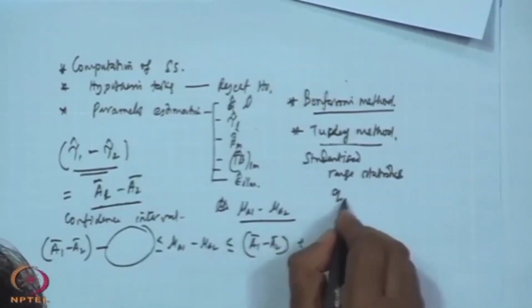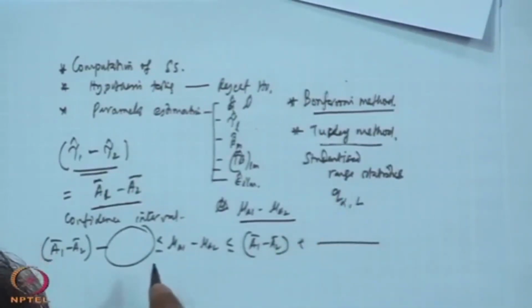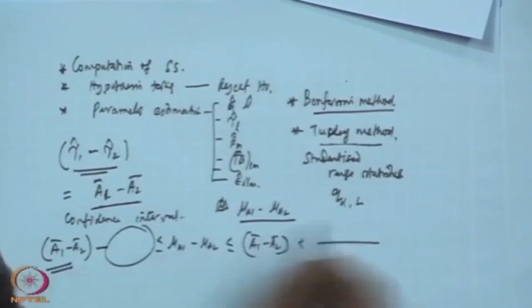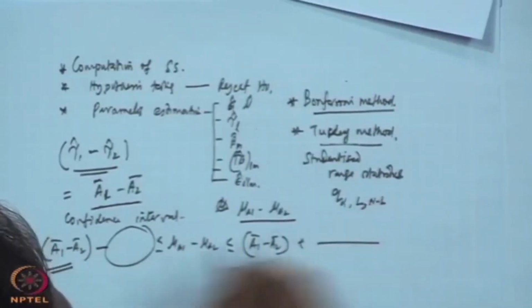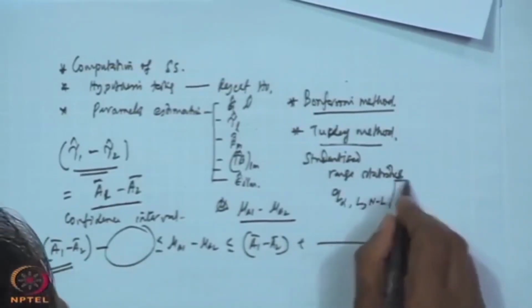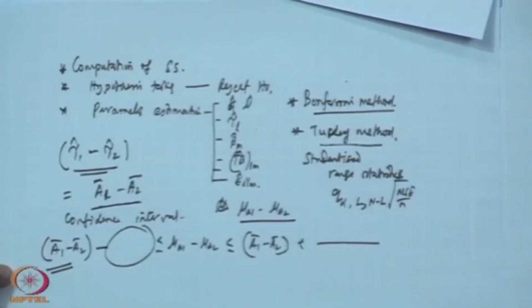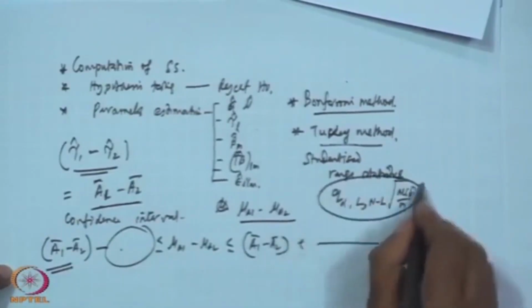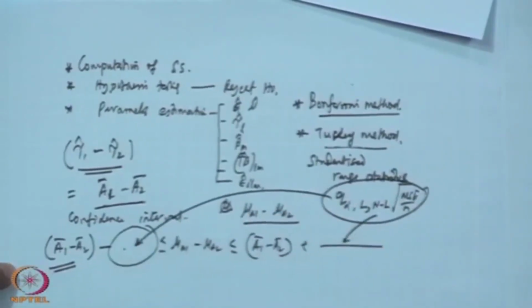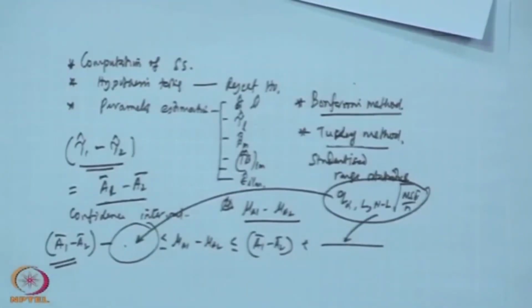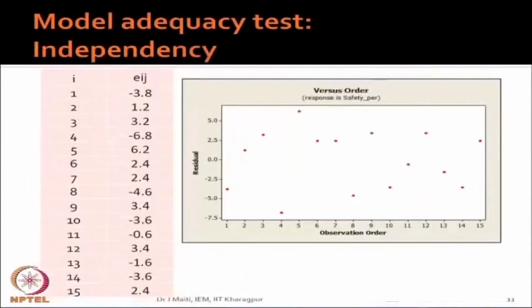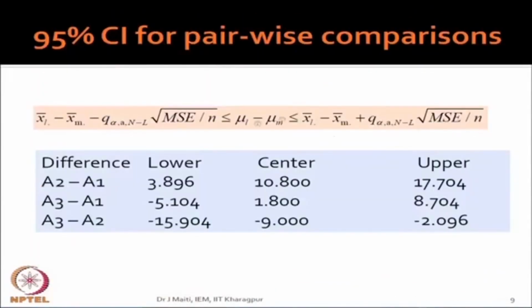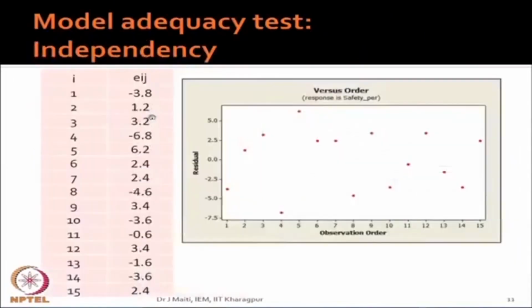That is basically Q alpha, for factor A. So, the number of levels in factor A, then the error degrees of freedom, into the square root of MSE by n. Okay. We can see what we have written earlier in the one factor case, Q alpha, a, L, MSE by n. So, we will follow this formulation.